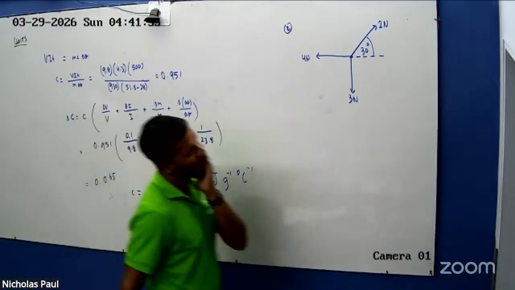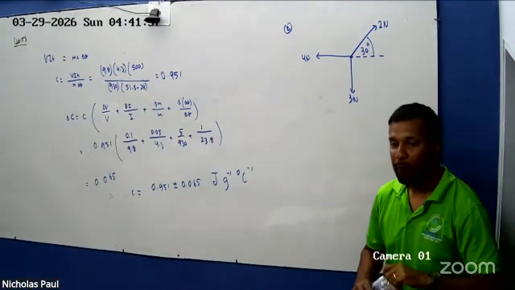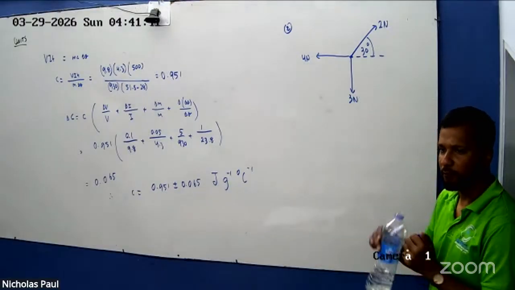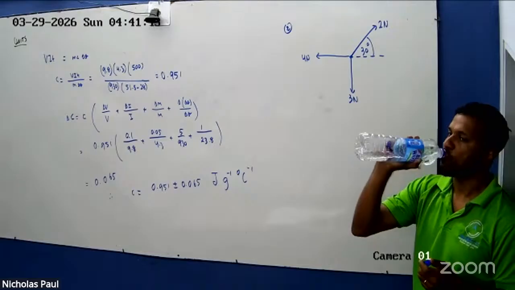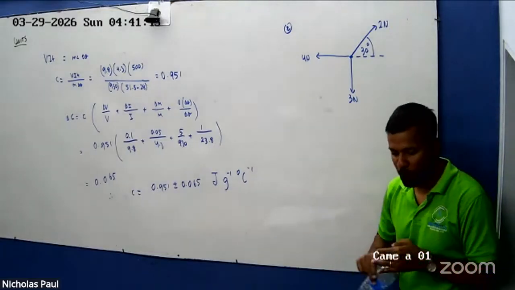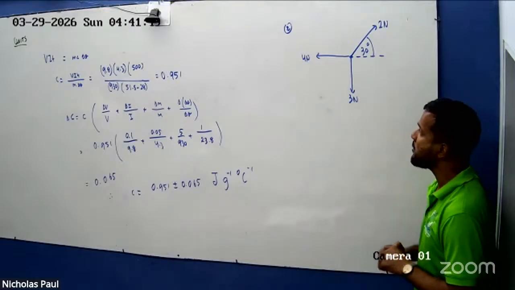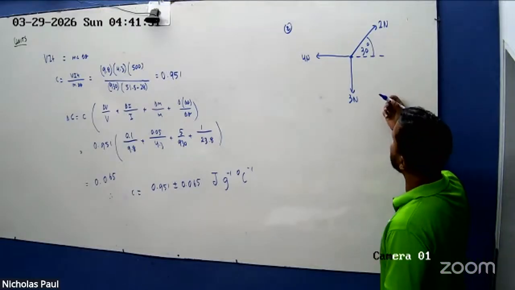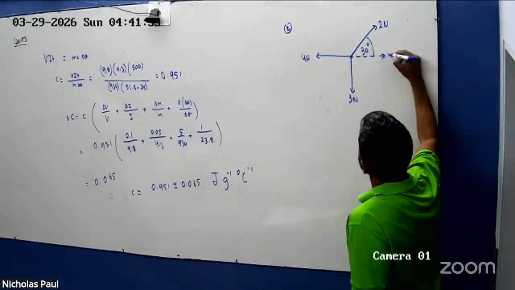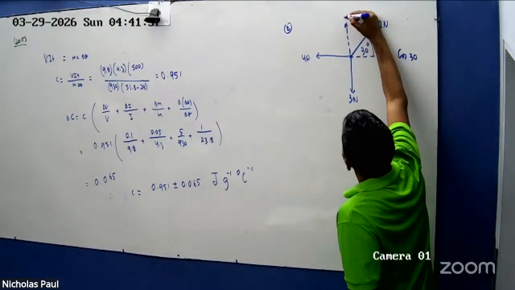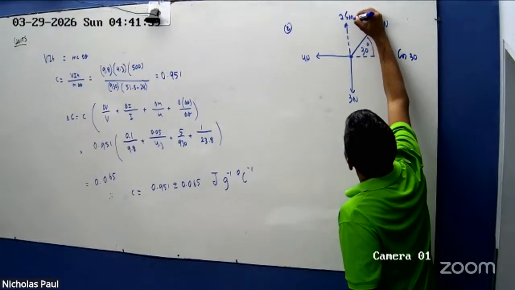Right, what you all got? 1.3 and the angle. Remember the vector. So you need the angle as well, right? So first things first, we can resolve here. This will be 2 cos 30, and this will be 2 sine 30.